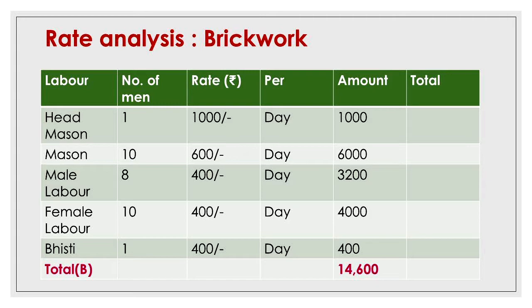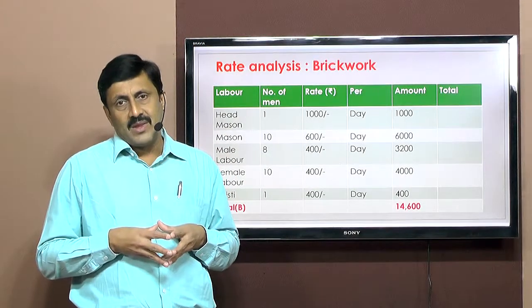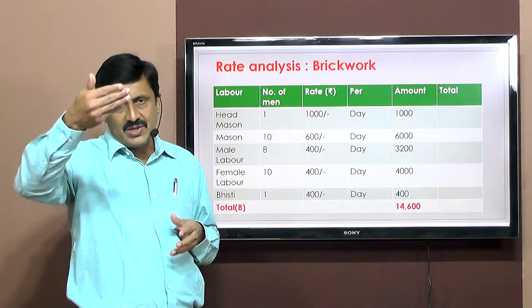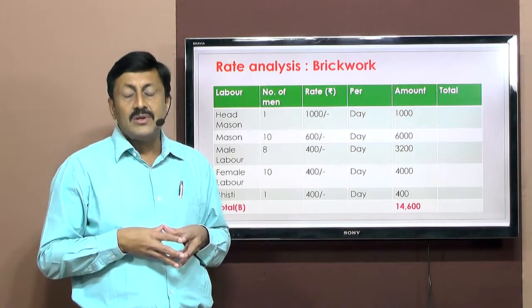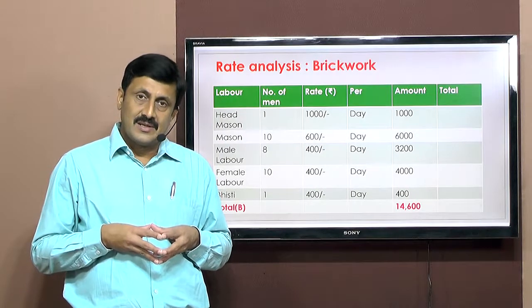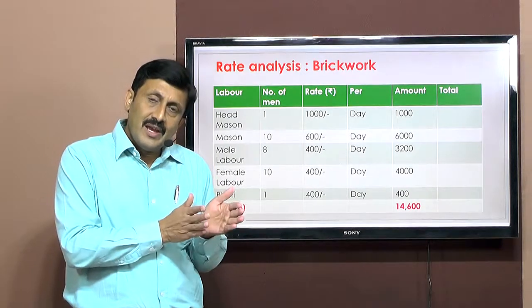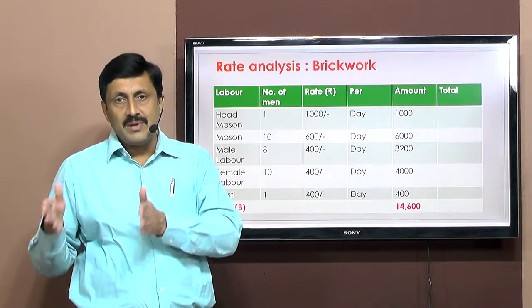So 400 rupees you have to pay for one Bisti. So total cost of labors will be equal to addition of all this. So that comes to 14,600.